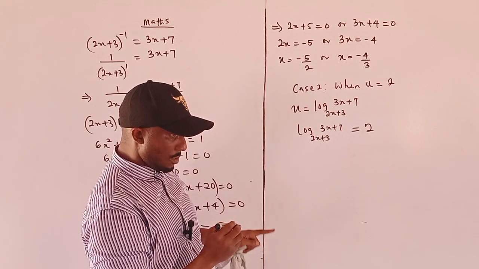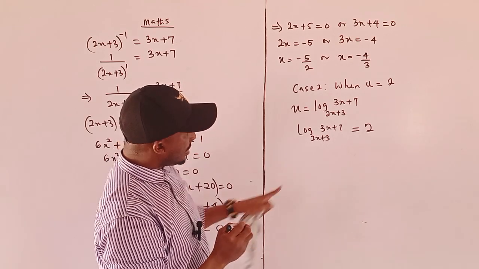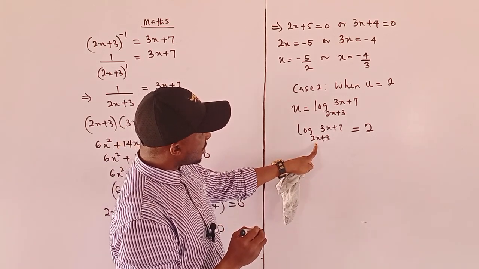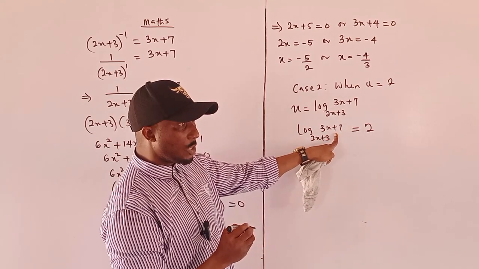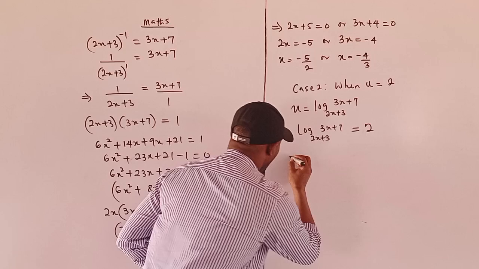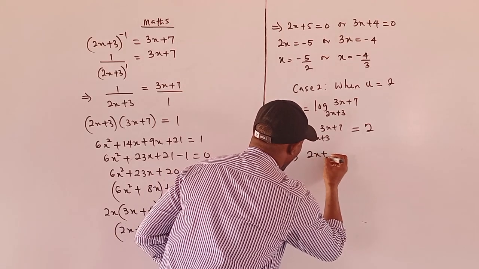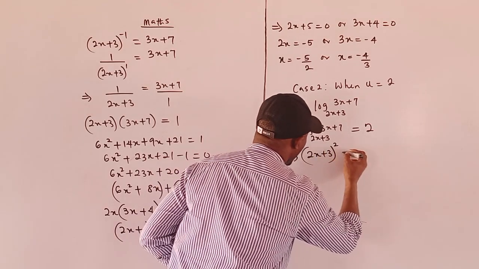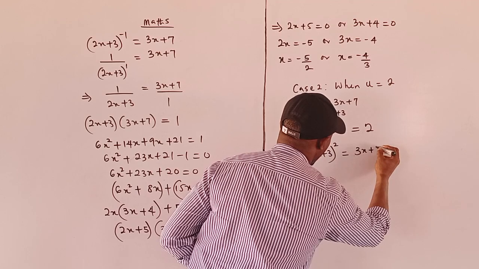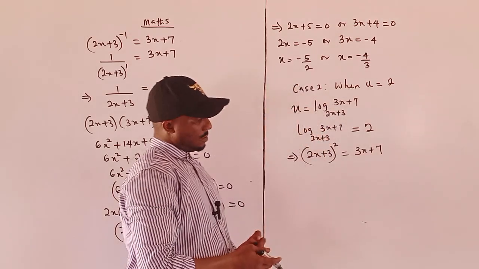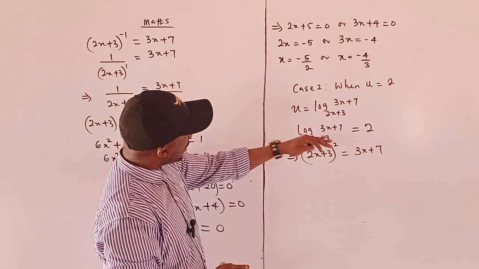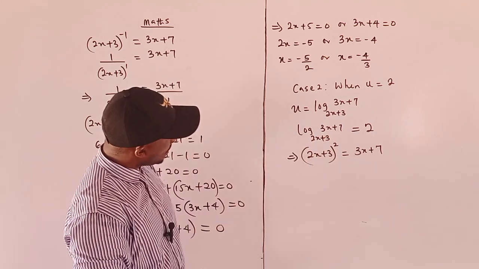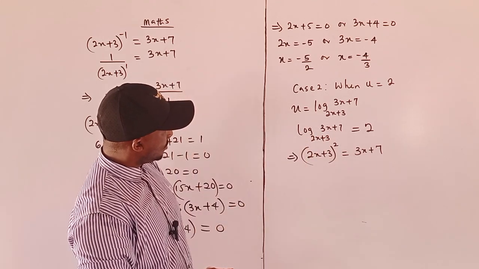So, exactly what we did for the first case, we take 2x + 3, raise it to the power of 2, equal to the argument of the antilog. So this is (2x + 3) all squared equal to 3x + 7. We have transformed the logarithmic equation into its exponential version.